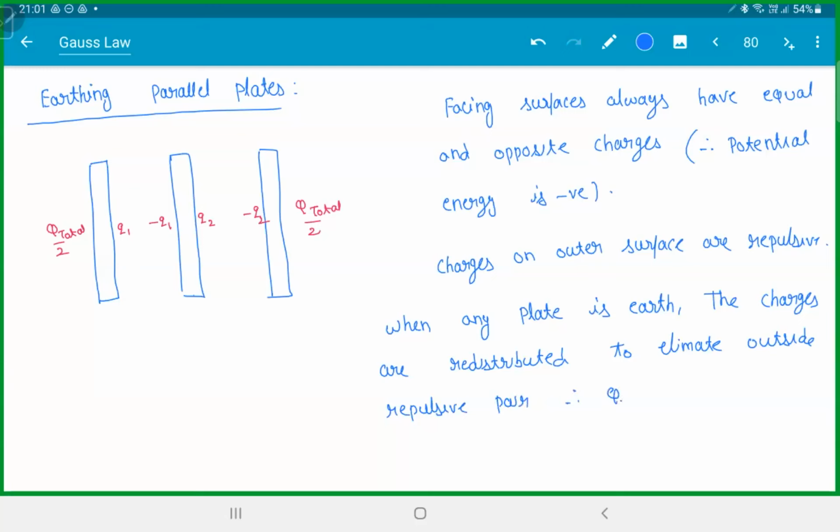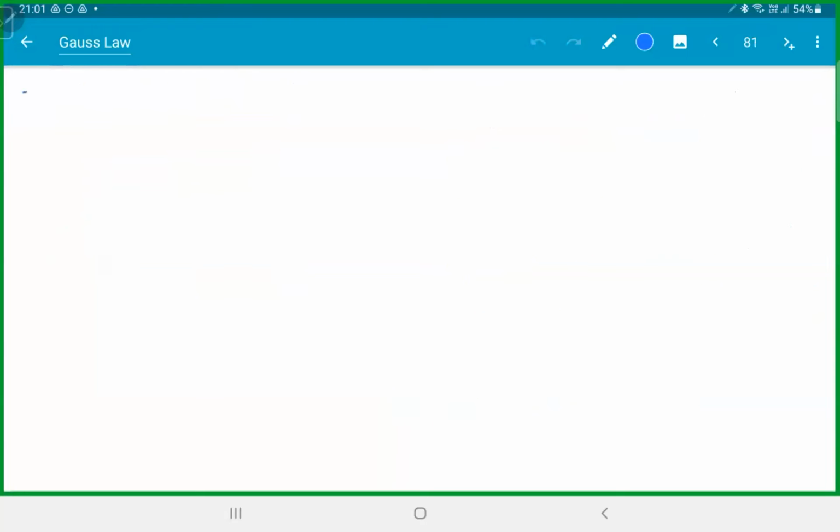Therefore, Q total becomes 0. Outside becomes 0. Got this idea? So, example. That's it. This is actually pretty easy to remember.